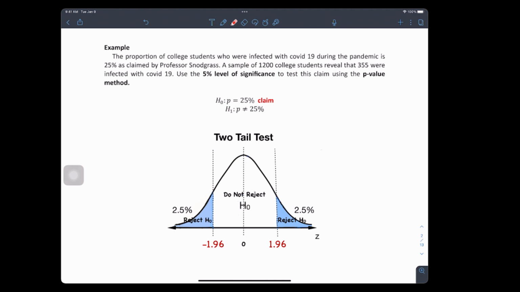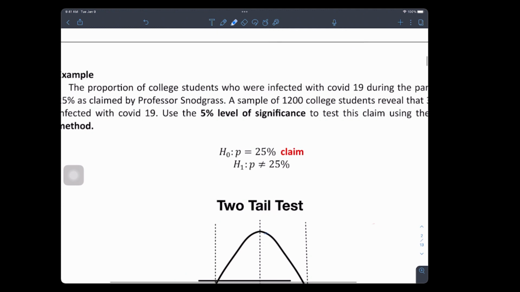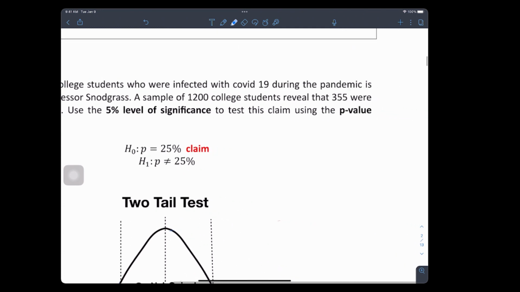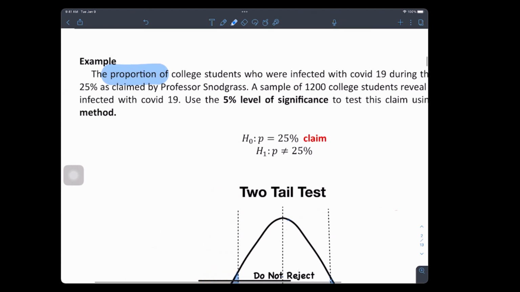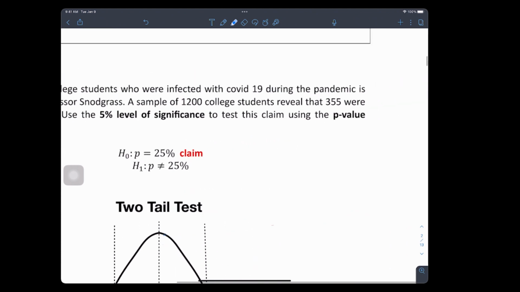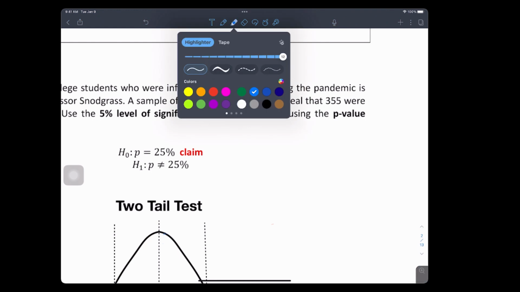So you said, we did this already? Yes. So I want you guys to read, because this is important to do, right? We said the proportion of college students who are infected with COVID during the pandemic is 25%, okay?